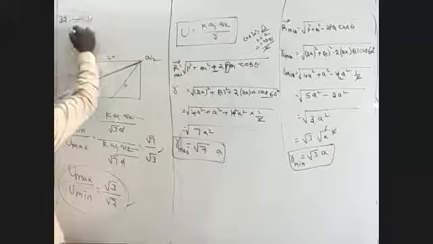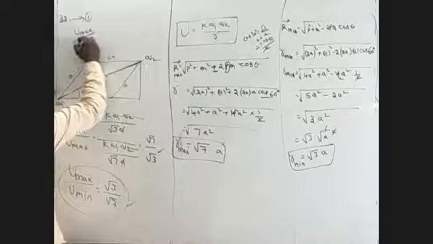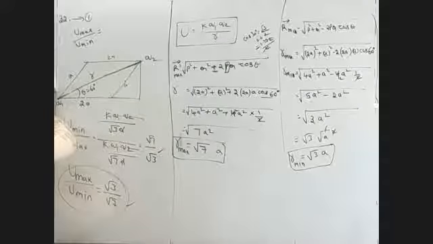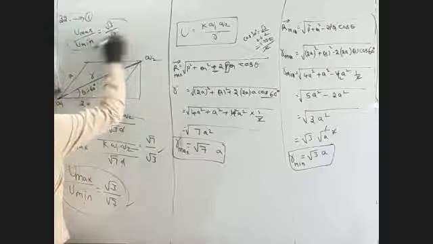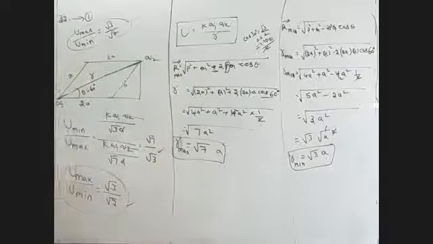The ratio of maximum potential of the system to the minimum potential is root 3 by root 7. That is the correct option, the first option. Your answer.